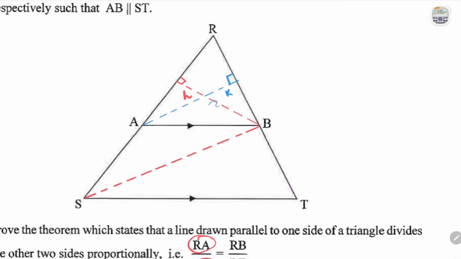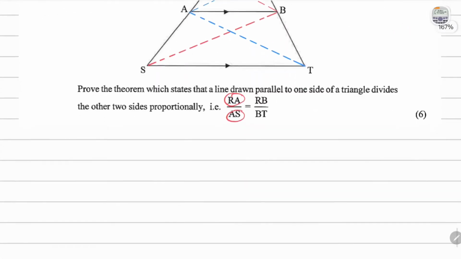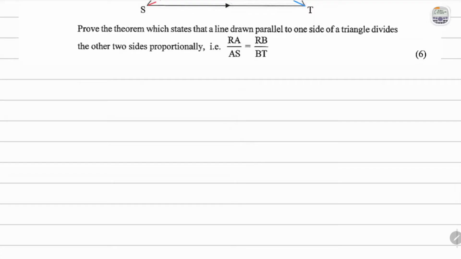Then we'll do the same for this height as well. We'll draw another triangle that shares this height by connecting A and T, making those construction lines as well. Again, this triangle has a base of BT, and it shares the height K.